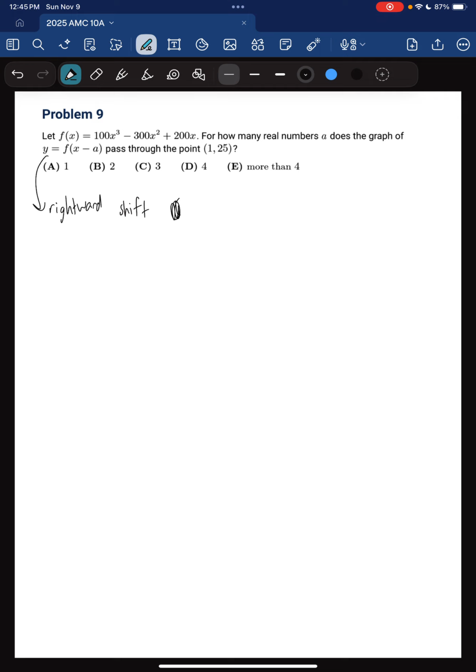So rather than letting that complicate things, basically what we can reword this question as is how many values of x exist such that f of x is 25. Because basically what this does, sorry, f of x.